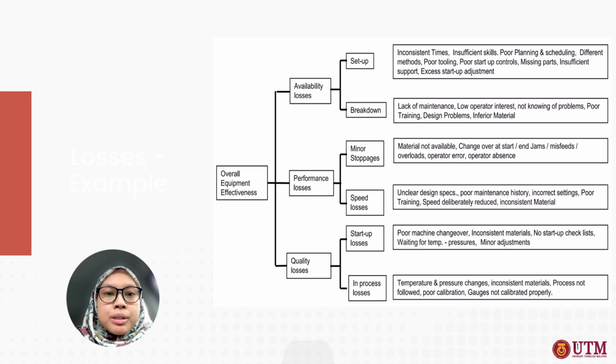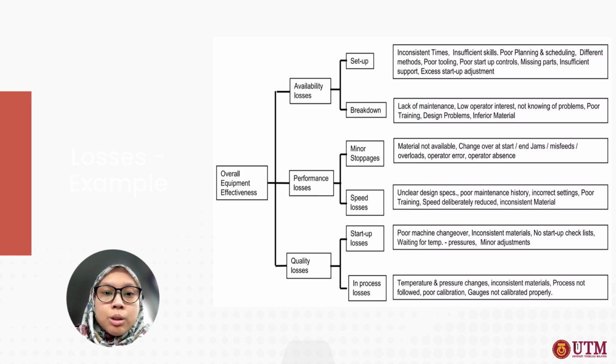An example of performance losses is minor stoppage, which is material not available, changeover at start, ends, jams, misfits, overloads, operator error, operator absence. Another example of performance losses, such as speed losses, is unclear design spec, poor maintenance history, incorrect setting, poor training, reduced speed reliability and inconsistent material.